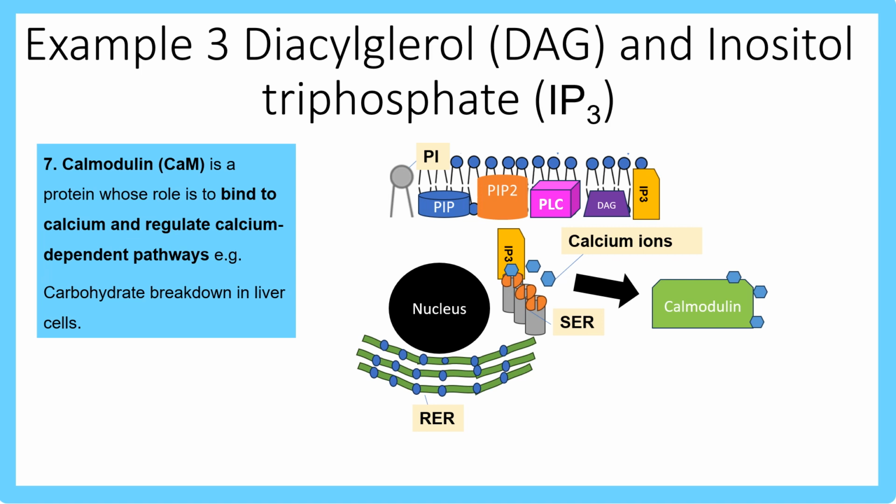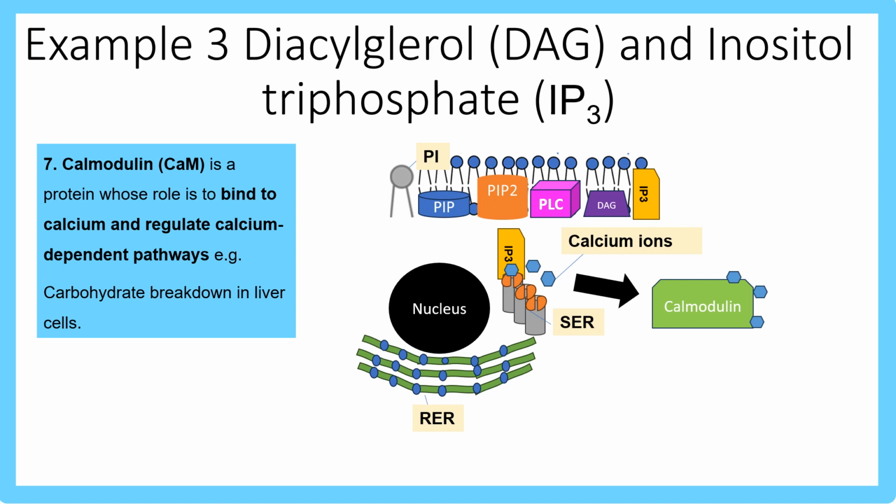We need to convert it. So they're going to convert the sugar to a storage type of sugar compound called glycogen. And this is what helps to lower the levels of sugar within the blood.